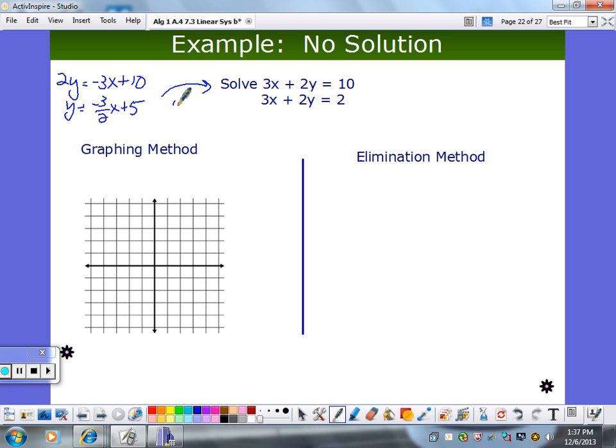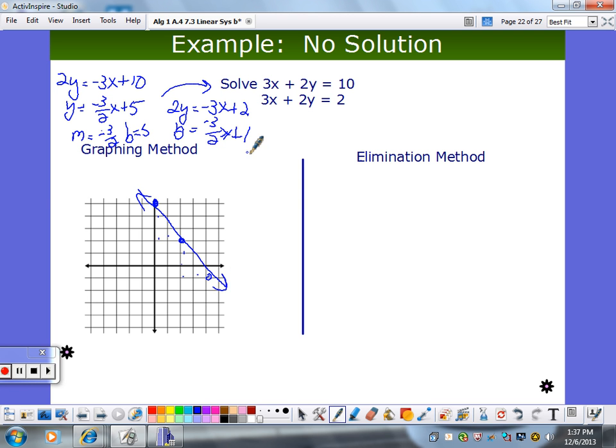This one, I subtract 3x and I divide by 2. Negative 3 halves x plus 1. And then I graph. Remember how you graph? The slope is negative 3 halves, the y-intercept is 5. So I go to 5, down 3, right 2, down 3, right 2.